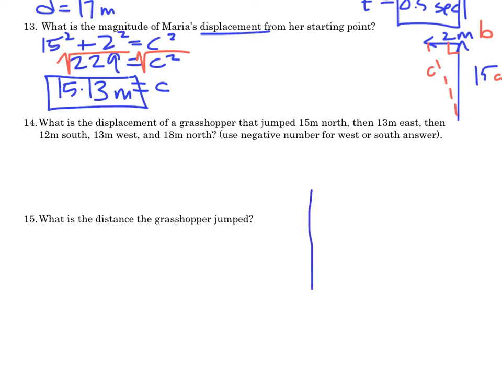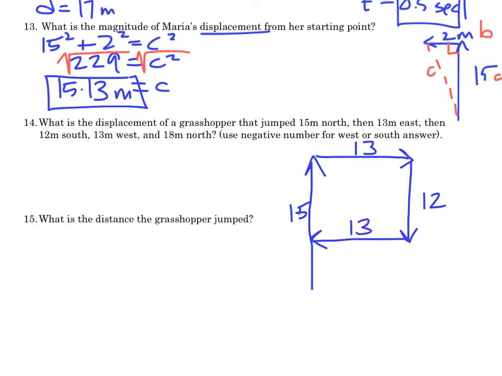So 15 meters north, and then 13 meters east, and then 12 meters south, 13 meters west, and then 18 meters north. So that overlaps my line that I already drew there, so I'm going to change the color here a little bit. And 18 meters north goes back up this way.